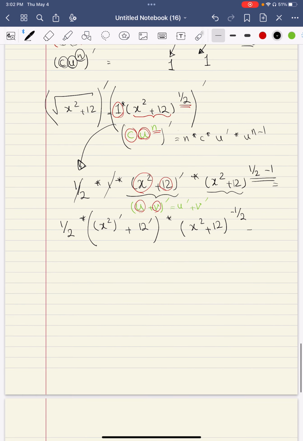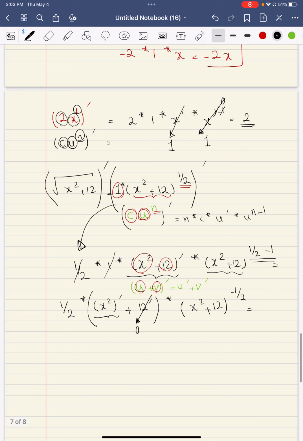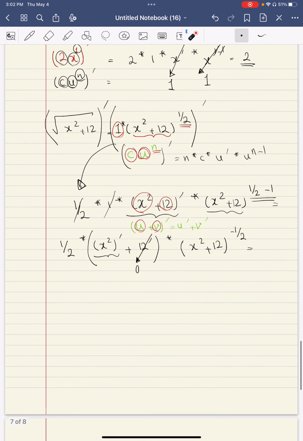Okay, let's go ahead. 12 prime, or the derivative of a constant value, is 0. The derivative of x to the power of 2, we found out somewhere here. It was negative x to the power of 2, which was negative 2x. Right now it is positive, so it will be positive 2x.